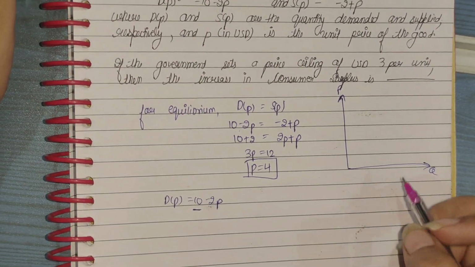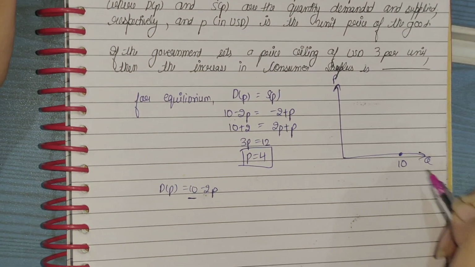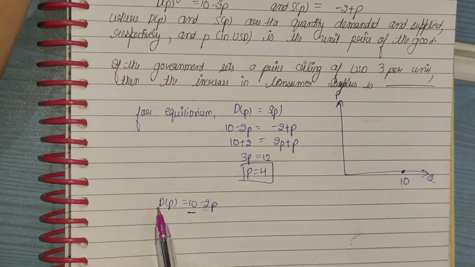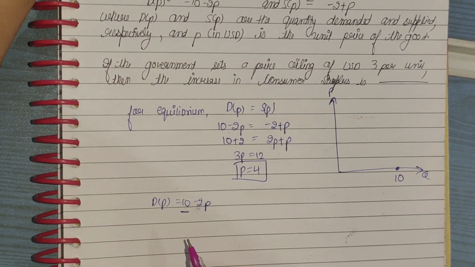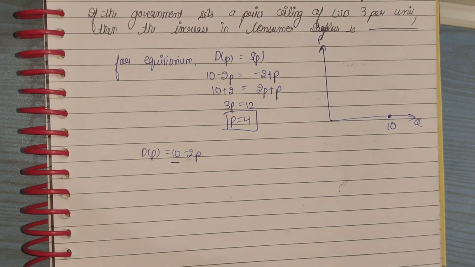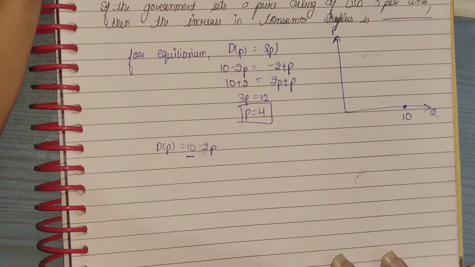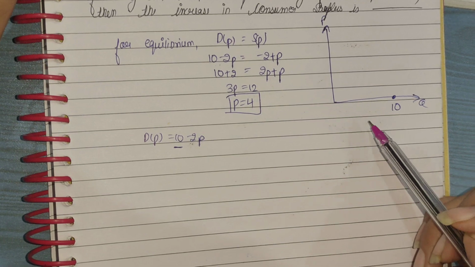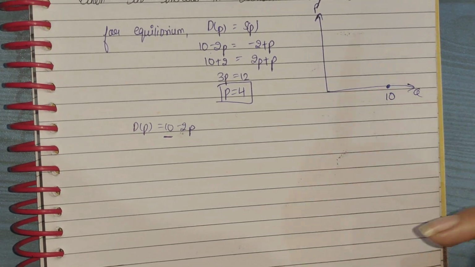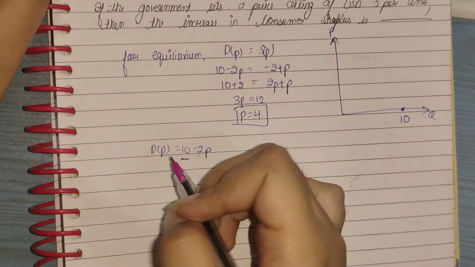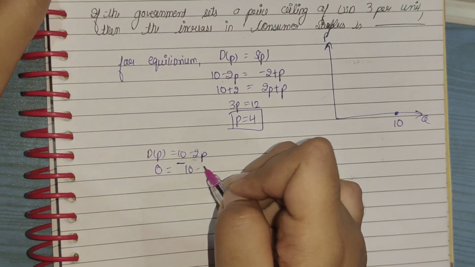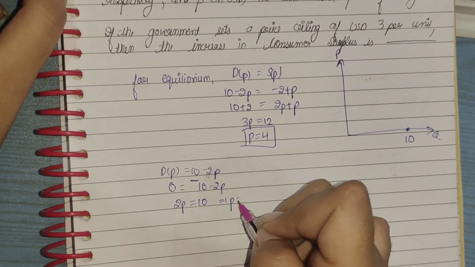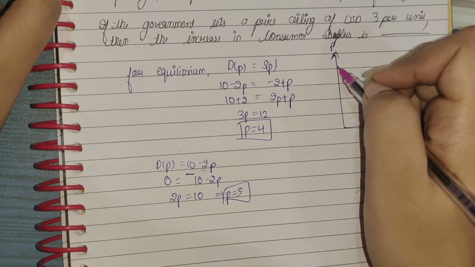So it is the intercept of the q x-axis, so it is 10. But what is the intercept of p? Now if quantity is 0, 10 minus 2p, 2p equals to 10. This implies that price equals to 5. So our intercept is 5.